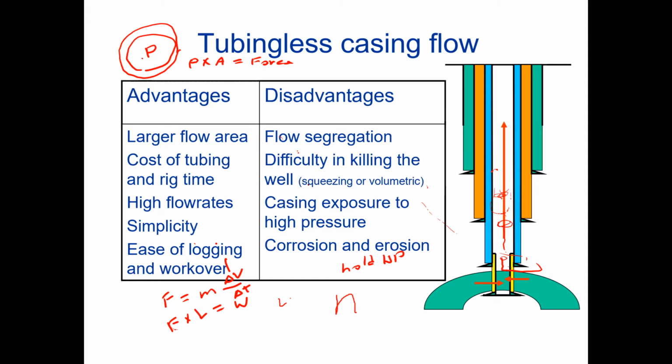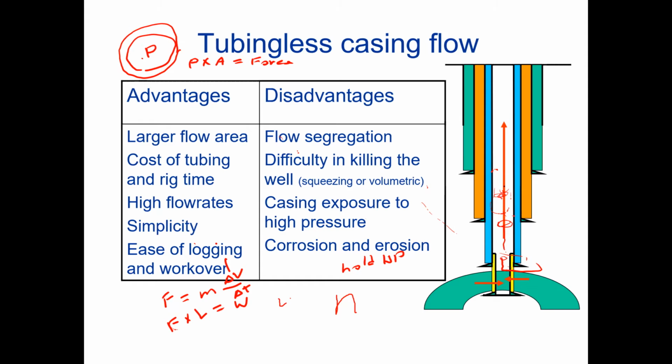The other point is how to kill the well. If you want to do some repair, you need to kill the well. Normally we have to replace this column with heavy mud.